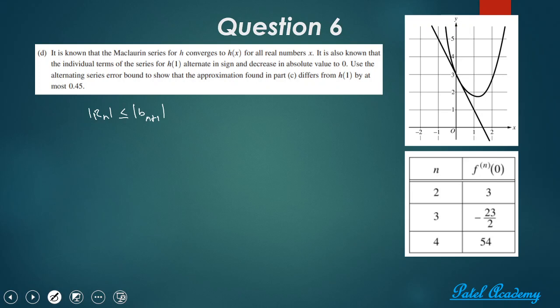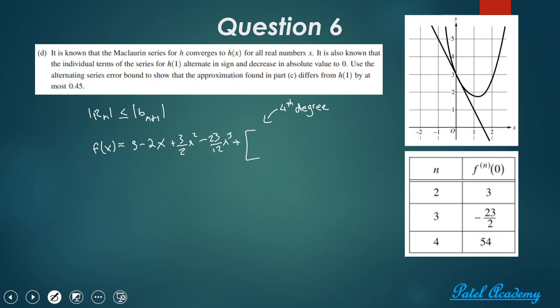Alright, so keep in mind our f at x was equal to 3 minus 2x plus 3 over 2x squared minus 23 over 12 x cubed. But then think about our f at x has constantly been evaluated at our third degree, right? But what's our fourth degree term?